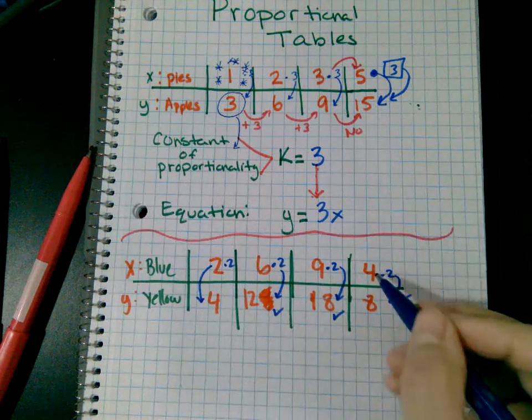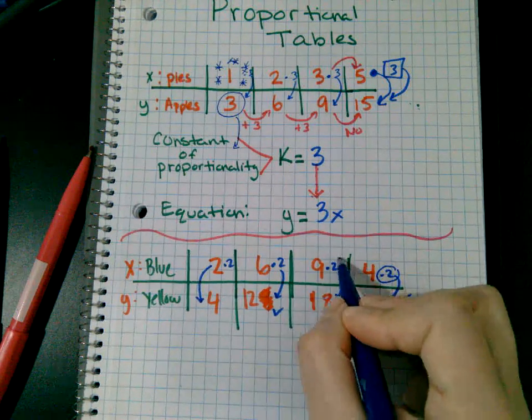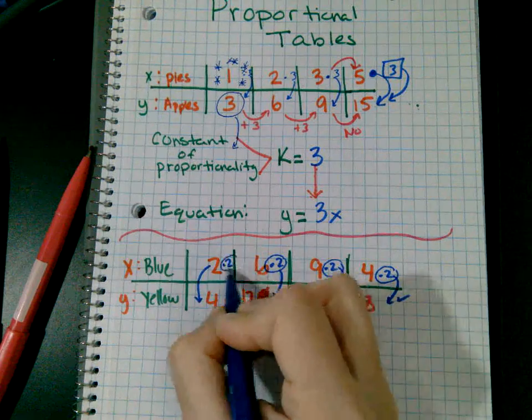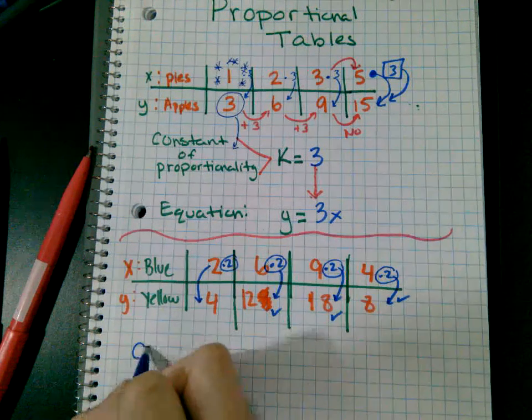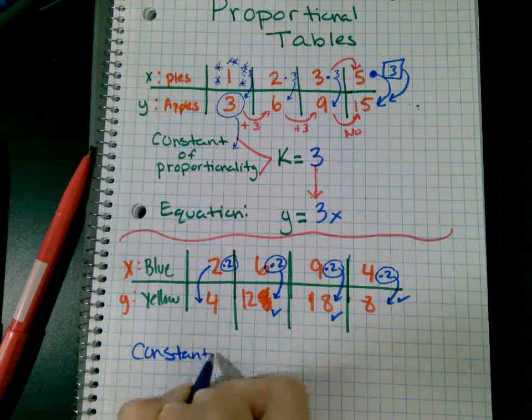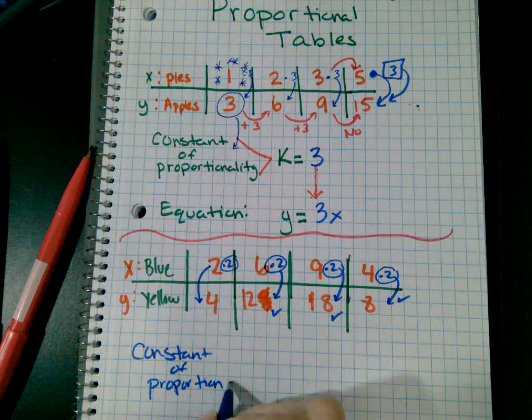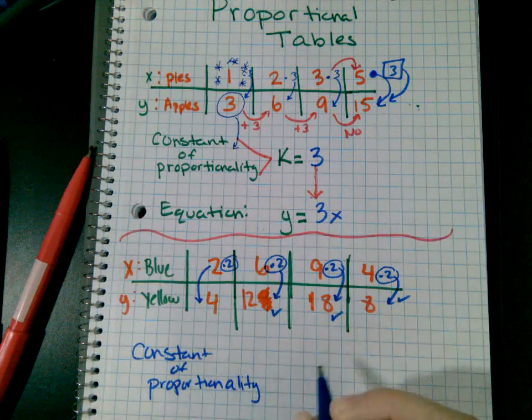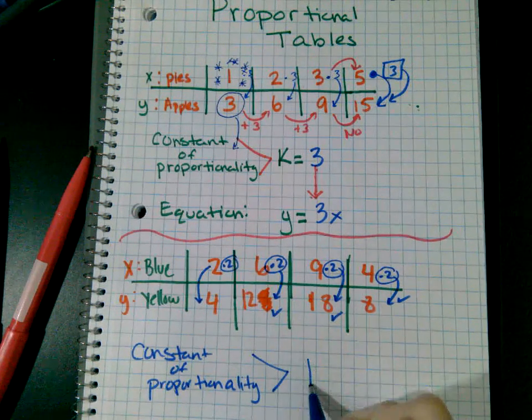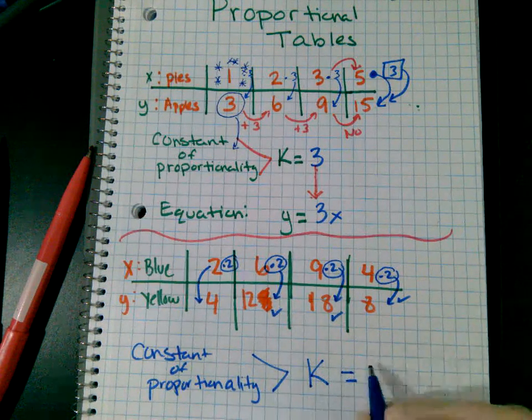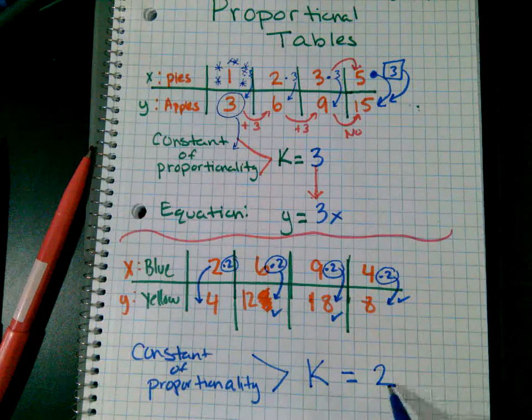I'm multiplying by 2. So this magical number is called your constant of proportionality, which is a fancy word for unit rate, which means K is 2. How did I get to it?